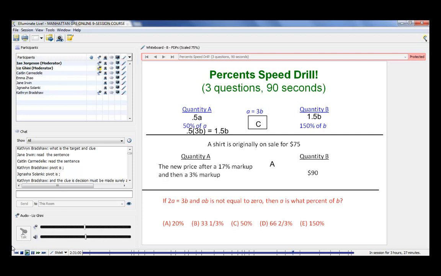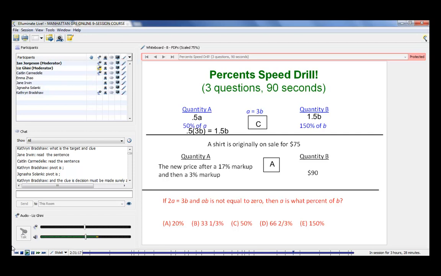Anybody have any trouble with this one, or should we just move on and look at the next one? Smile if this was totally comfy. Okay, if it wasn't totally comfy, I want you to ask a question.